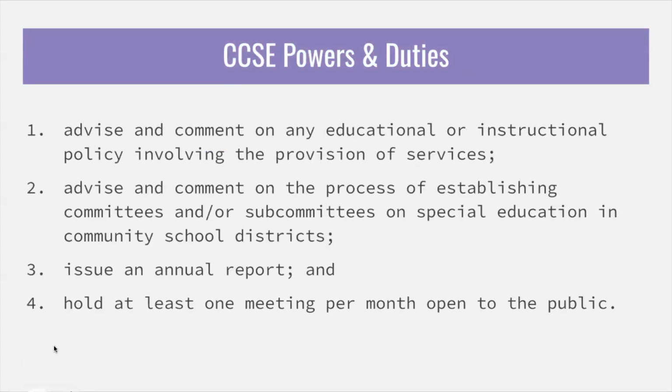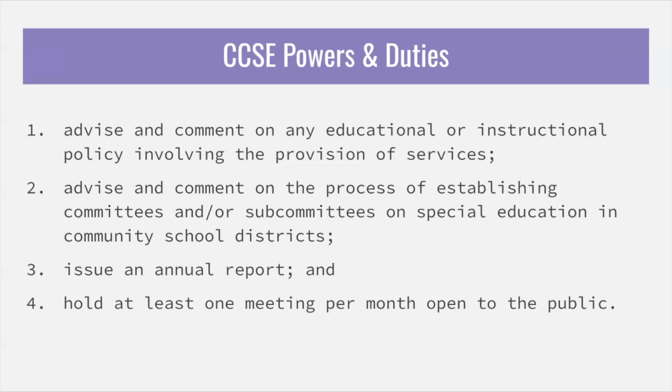Citywide Councils on Special Education Powers and Duties, there are only 4 paragraphs compared to 20 plus paragraphs under Community Education Councils. It's kind of strange that it's so short. And it says that Citywide Council on Special Education is supposed to advise and comment on any educational or instructional policy involving the provision of services for students with disabilities.